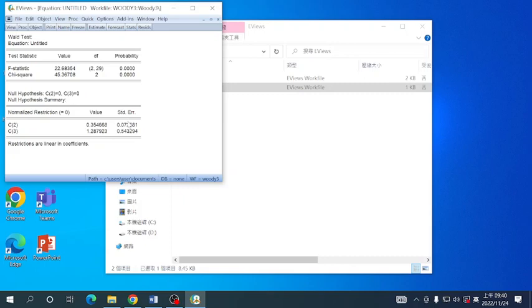It is 22.68. And what's the degrees of freedom? Now we are checking only 2 independent variables, right? Okay, so degrees of freedom 2 and 229. Did you see that? F is 2, 229, okay?